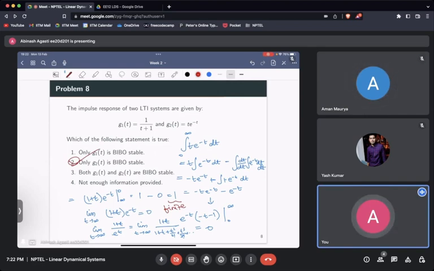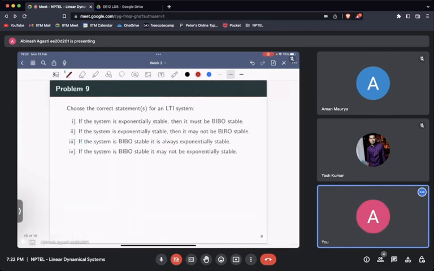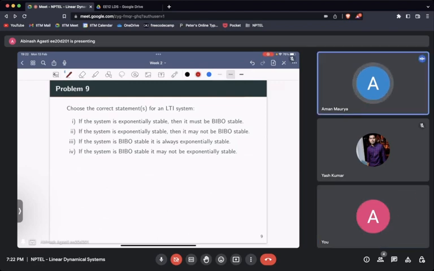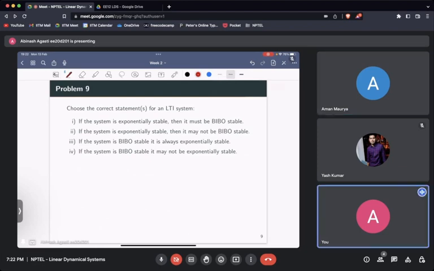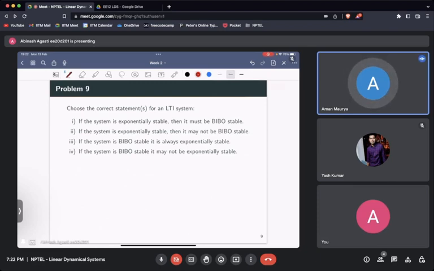Yeah, is it clear? Okay, so then we move forward. Choose the correct statement for an LTI system. If the system is exponentially stable, then it must be BIBO stable. Okay, so what is your reasoning for this? Right.